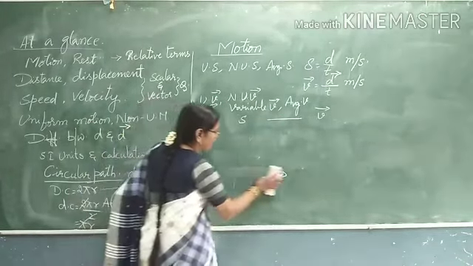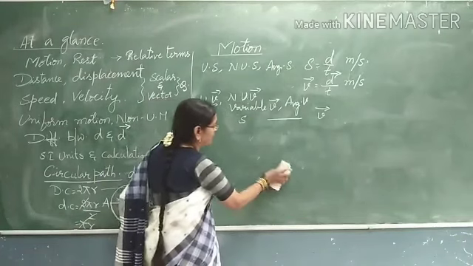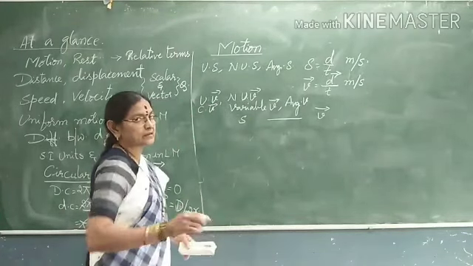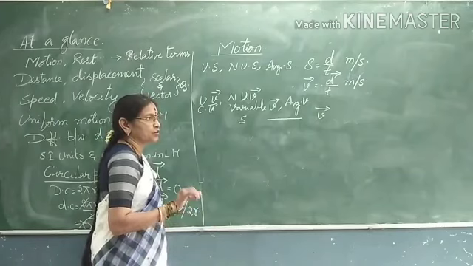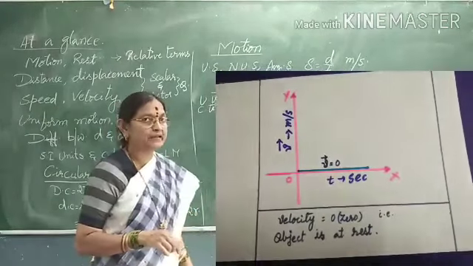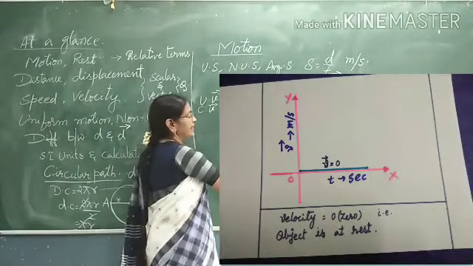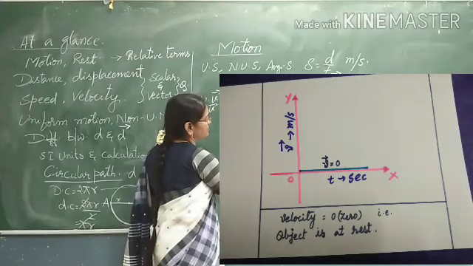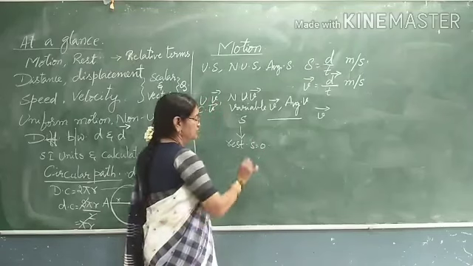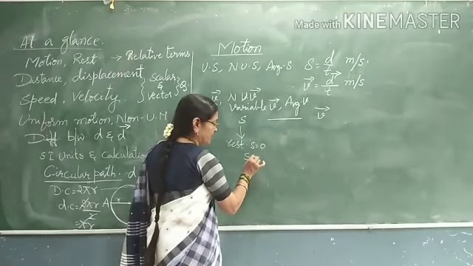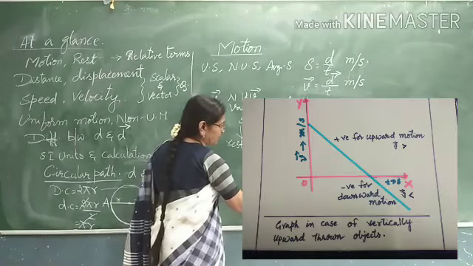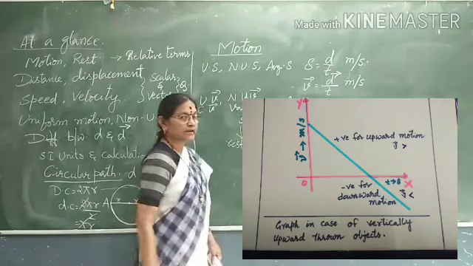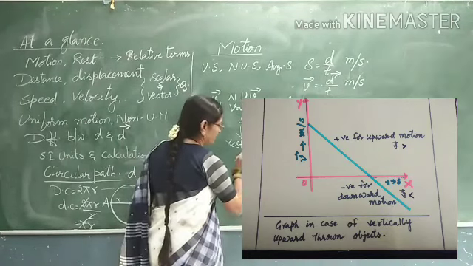Now listen carefully. Speed may become zero. When does it become zero? When the body is at rest. When the body is at rest, speed equals zero. Speed will never be negative.